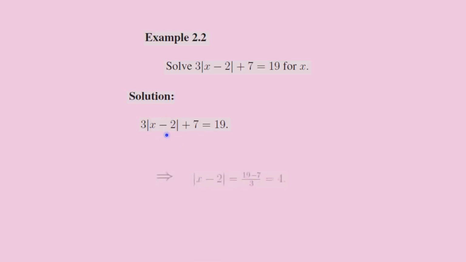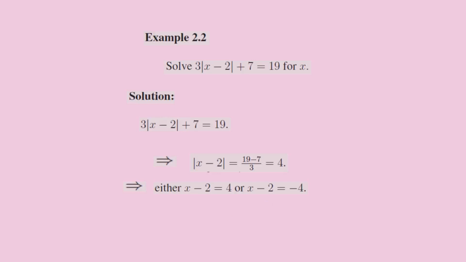We will get modulus of x minus 2 is equal to 19 minus 7, divided by 3, since the multiplication by 3 comes to this side as division. So 12 divided by 3 gives the answer 4. That means modulus of x minus 2 is equal to 4. That is, either x minus 2 is equal to plus 4 or x minus 2 is equal to minus 4. From this we have to find the x value.